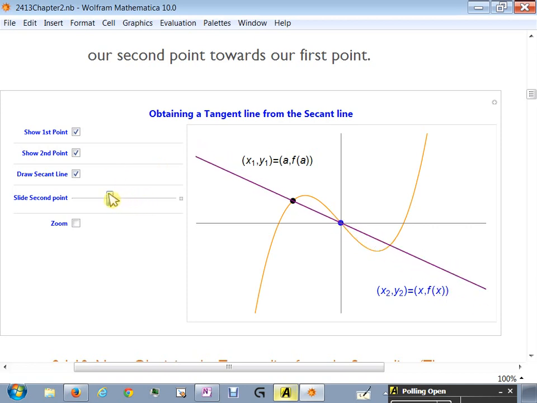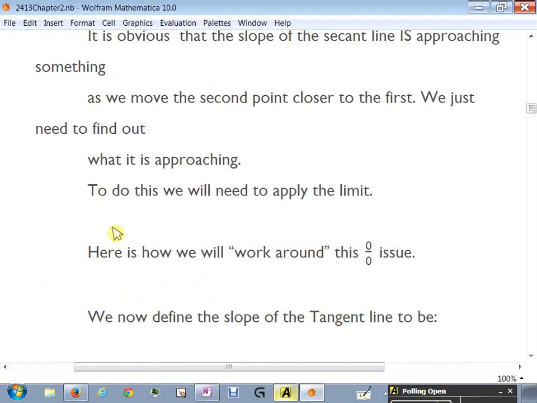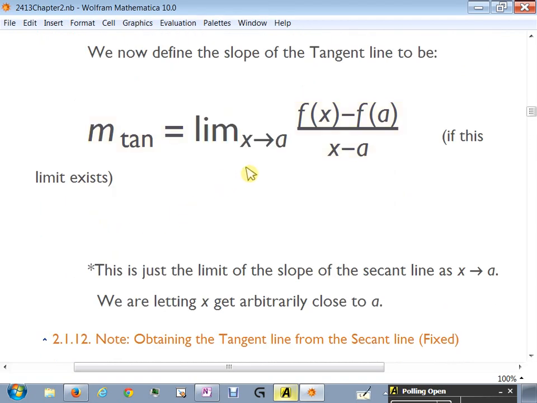Let X approach A? Okay, then we're going to have to evaluate a limit as X goes to A to figure out what happens, which yields this formula. Now, we have to be careful because we've also seen sometimes limits don't exist, right? If that limit exists, then the slope will be defined.